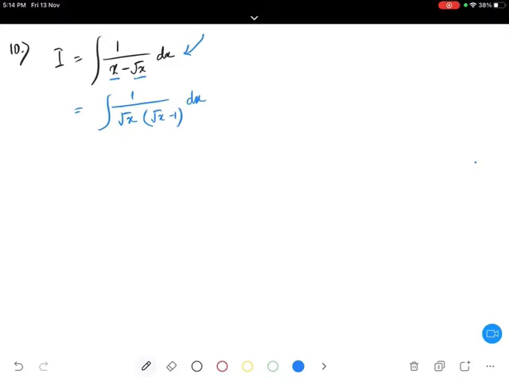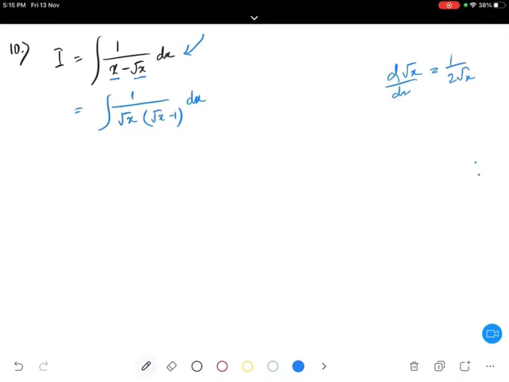Now if I look at this carefully, what is the differentiation of root x? Differentiation of root x is 1 by 2 root x, right? So basically if I differentiate root x, I will get a root x in the denominator, right? Yes or no?